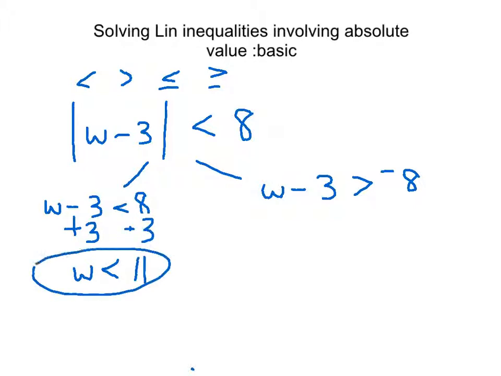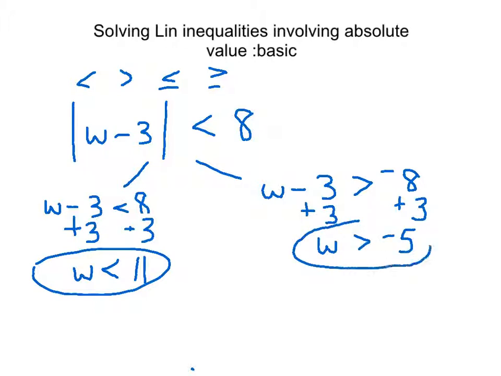That's going to be one of our answers. And on the other inequality, again, we're going to add 3. And then when we rewrite, negative 8 plus 3 is negative 5. And that's going to be our other answer. So w can be less than 11, and w can be greater than negative 5. So anywhere in that ballpark is absolutely okay.